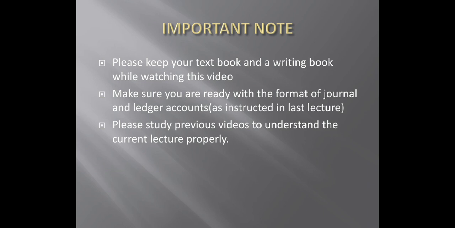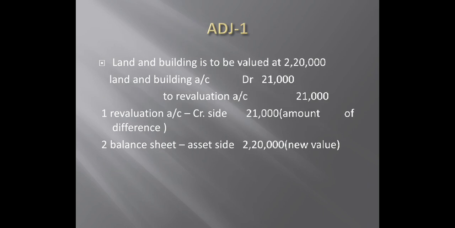This is your balance sheet on page number 227, and on page number 228, the adjustments are given, of which the first adjustment is here. They say land and building is to be valued at 2,20,000. This is the new value of land and building.